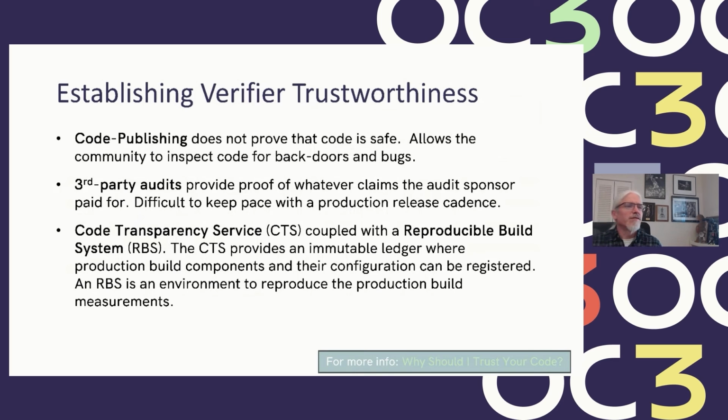Code publishing doesn't prove that code is safe, as I just mentioned, but it does allow the community to inspect code for backdoors and bugs. And if you believe in open source, as do I, you know that eventually open source code, or transparent code, allows the community to find bugs, to report on bugs, and in the long run, this leads to more secure code.